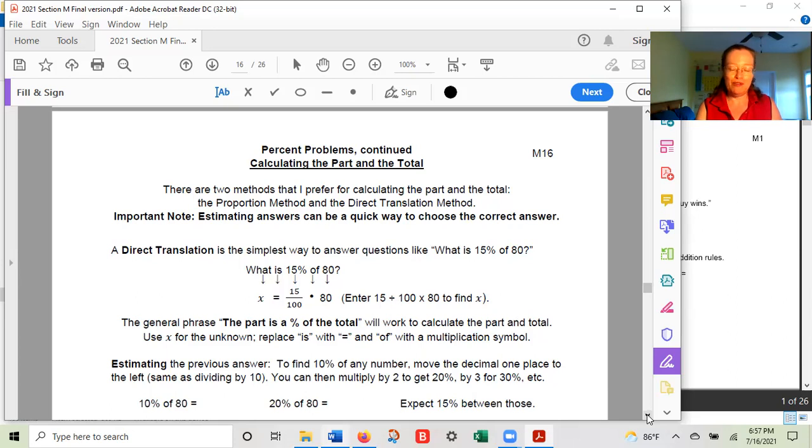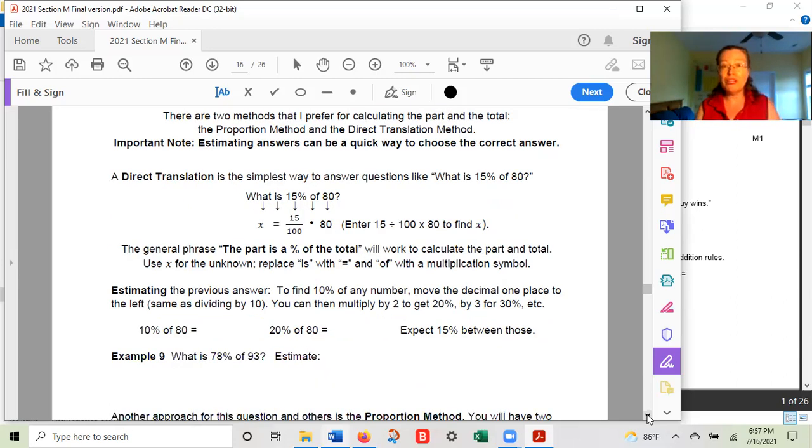That's a possibility. Let's estimate the previous answer. By now, maybe you've already figured it out, but let's take just a moment, because I want you to be really good at figuring out things like 10% of a number and 20%, 30% of a number. So how does this work? Well, to find 10% of any number, you move the decimal 1 place to the left. It's the same as dividing by 10.